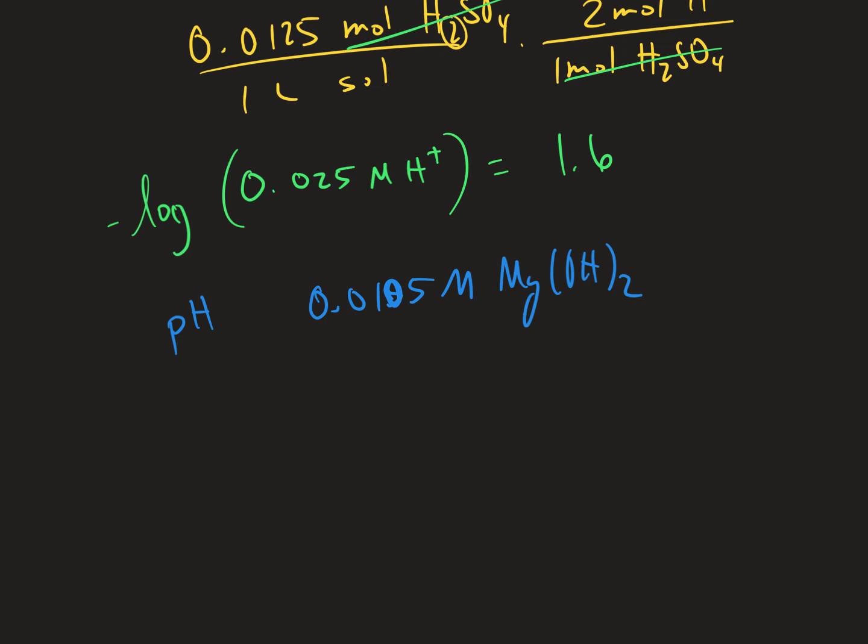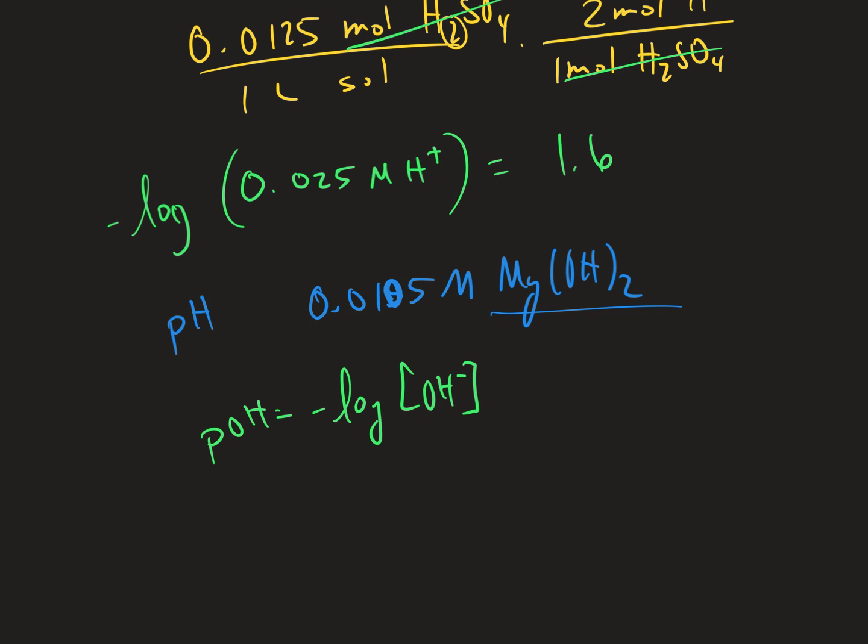Does this compound have H plus in it? No, it does not. That's where we get into finding the pOH. Can we find the pOH of this? Negative log of the hydroxide ion concentration.